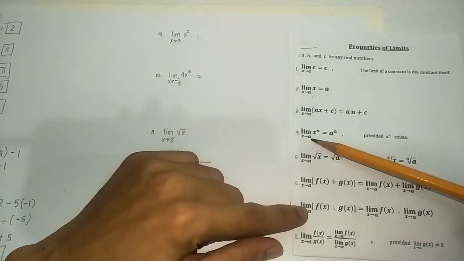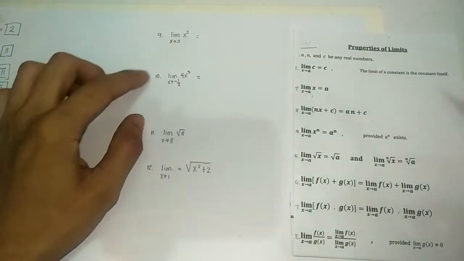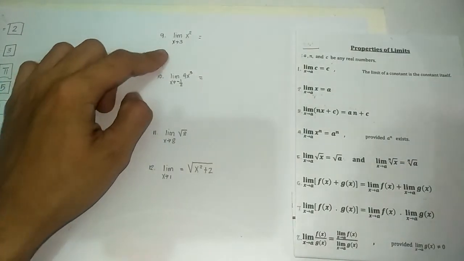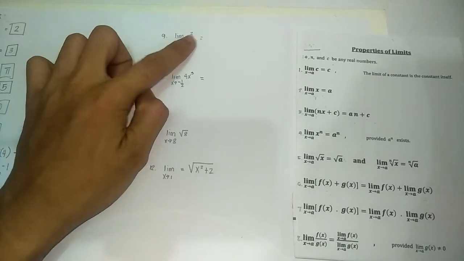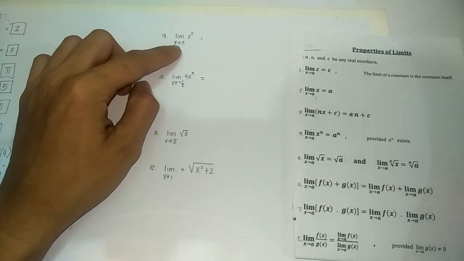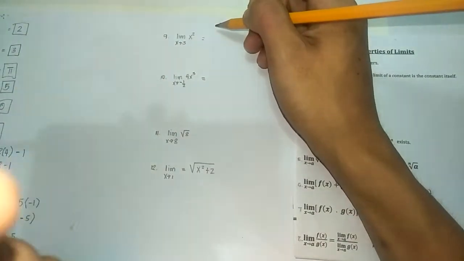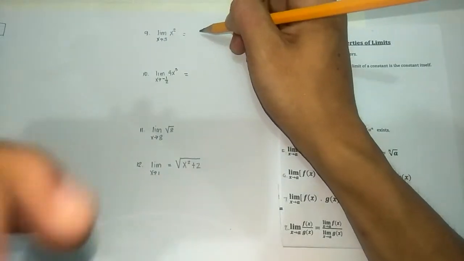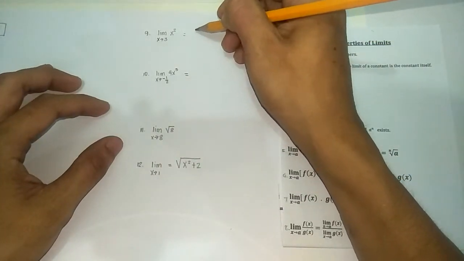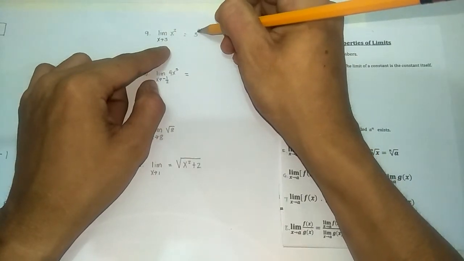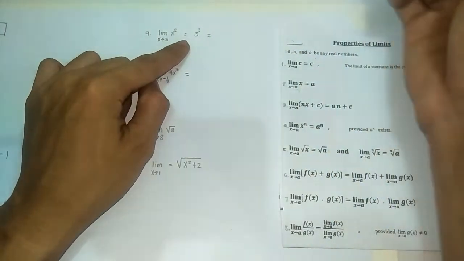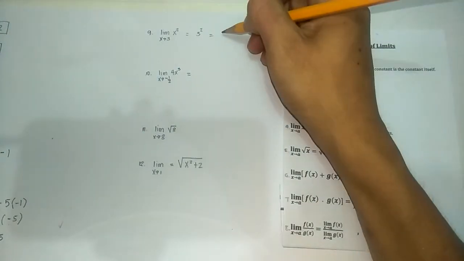So the approaches will be the base of the exponent. So we're going to change x to 3. So we have 3 to the power of 2, that is 9.